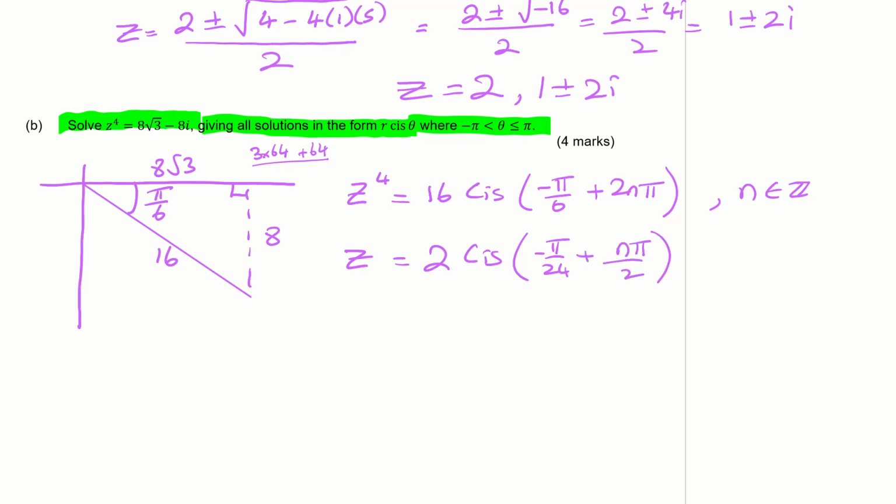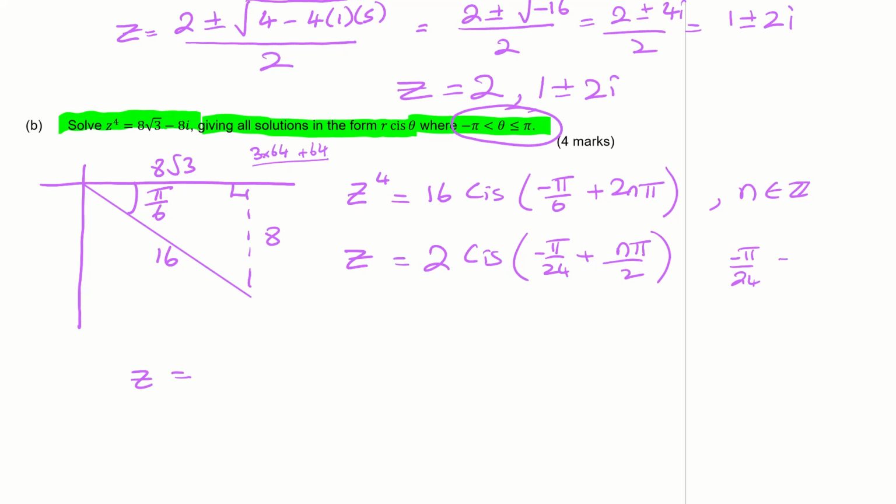And now it's just a case of choosing the n's that give us the correct angles, or in the correct domain there. So if I take n equal to negative 2, the angle in there is negative pi by 24, and we'd be taking away pi.